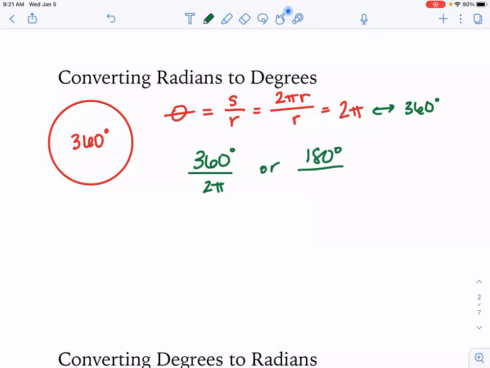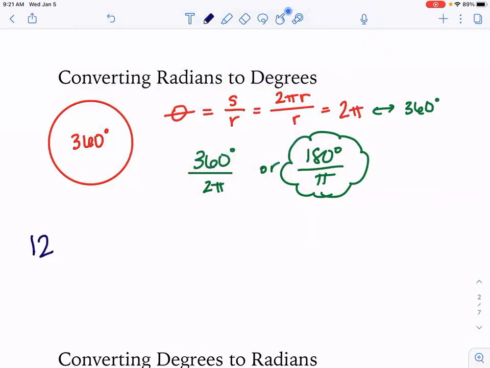Okay, this is our magic ratio. 180 degrees over pi, or pi divided by 180 degrees. They're the same measurement. So writing them as a fraction is writing like the number 1, right? Like 12 inches over 1 foot, okay? They're the same measurement.